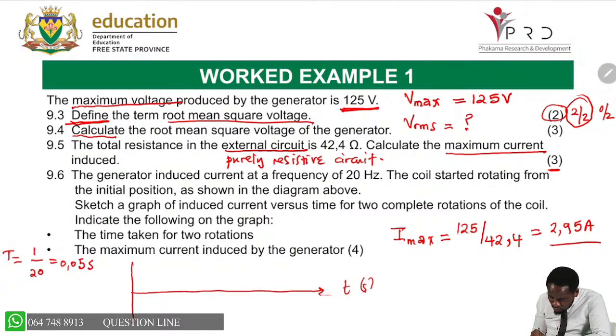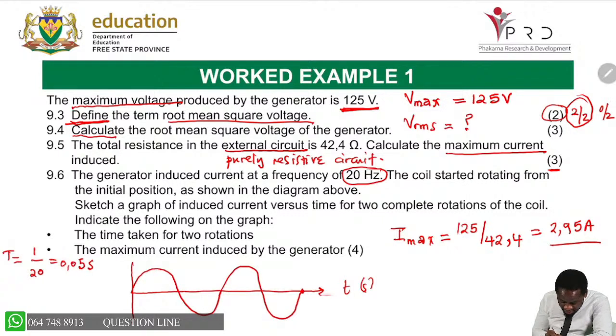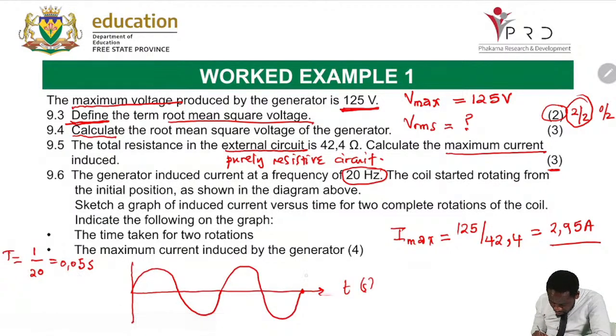Where did we get it? We got it from the frequency. So the time taken for 2 rotations: that's 1 rotation, that's 2. If 1 takes 0.05, it means 2 will take 0.1. This is time in seconds.